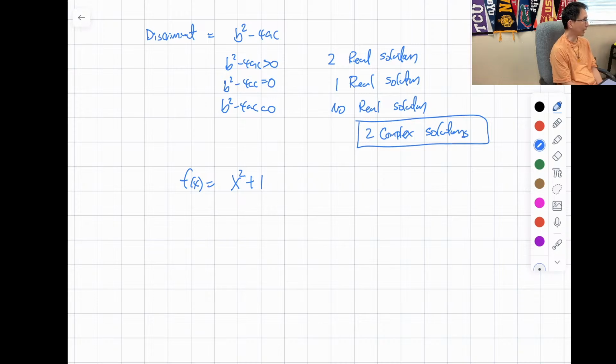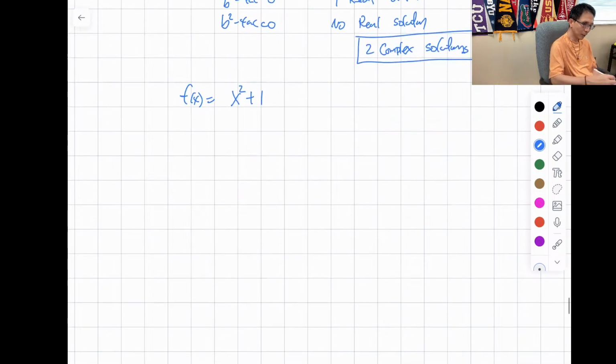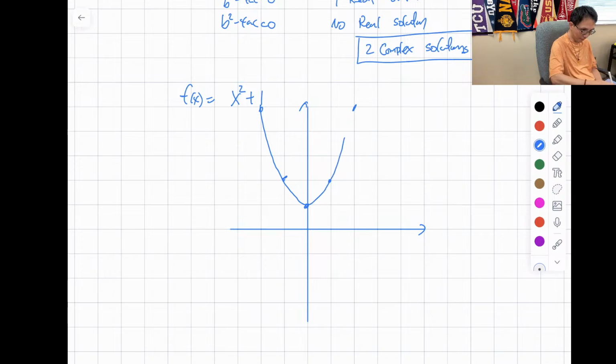If I graph it, this is a parabola. Do you see any x-intercept? No.